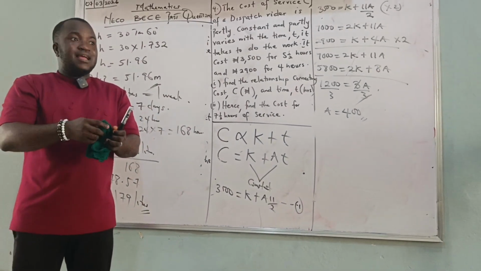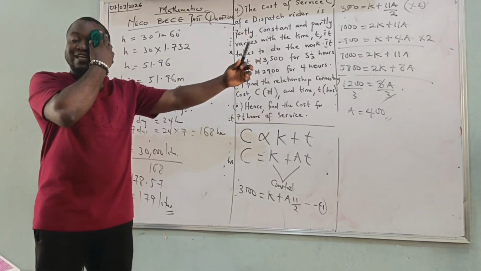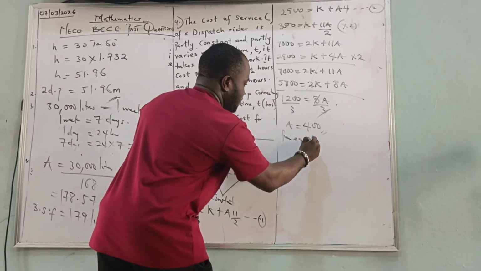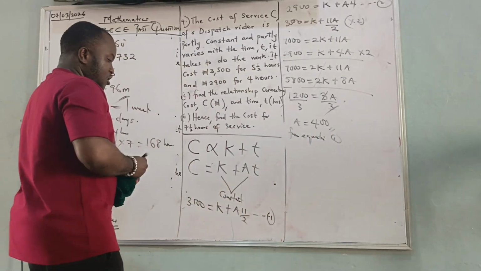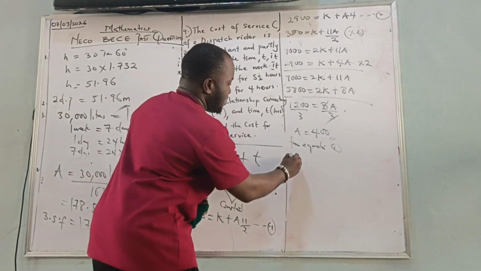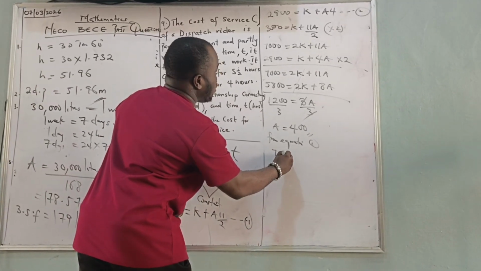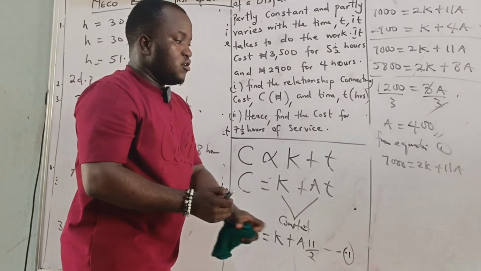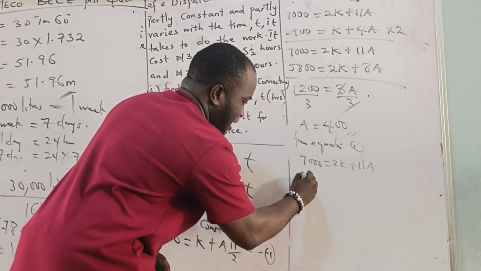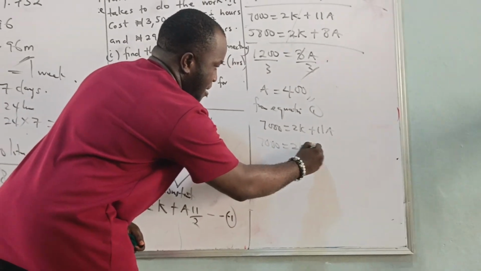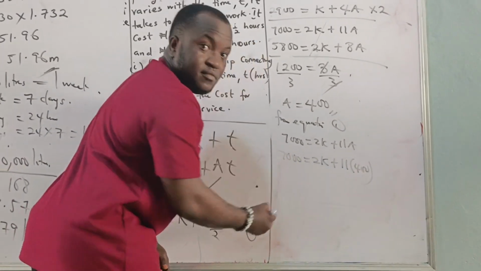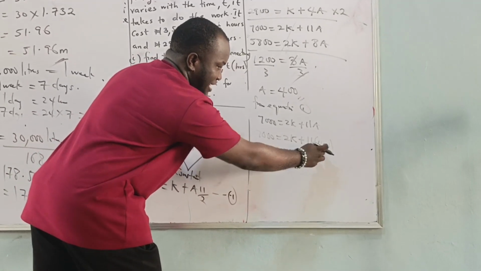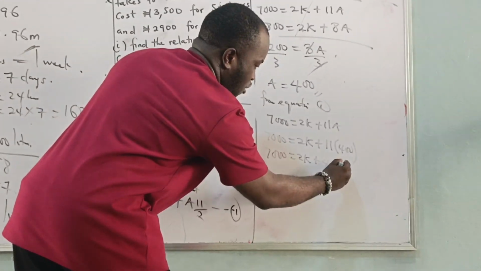I've gotten a. Now I need to get the second constant, which is k. To get k, from equation 1, I have 7,000 equals 2k plus 11a. So substitute: 7,000 equals 2k plus 11 bracket 400. Open the bracket: 7,000 equals 2k plus 4,400.